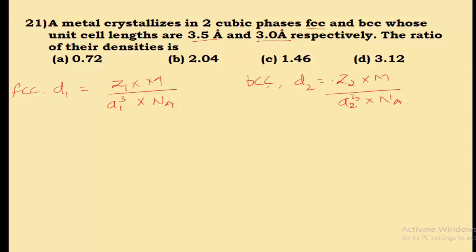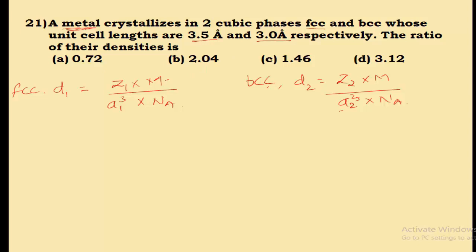Here see, Z is different, A is different because A is given as 3.5 and 3.0, and the value of Z is also different because Z for FCC is 4 and for BCC it is 2. And M is the same because it is the same metal, not different metals, and it crystallizes to FCC as well as BCC.